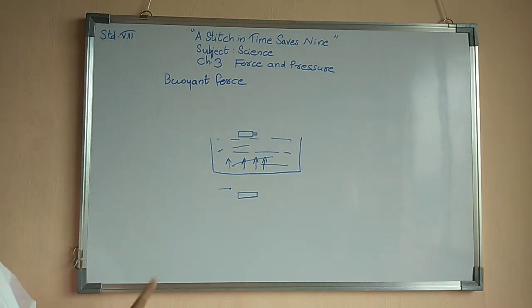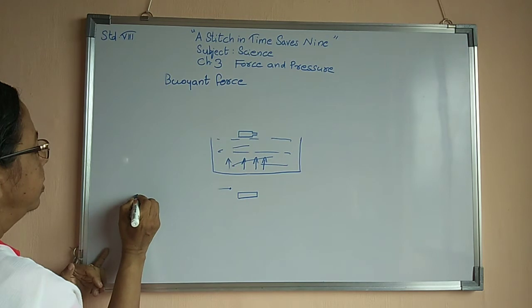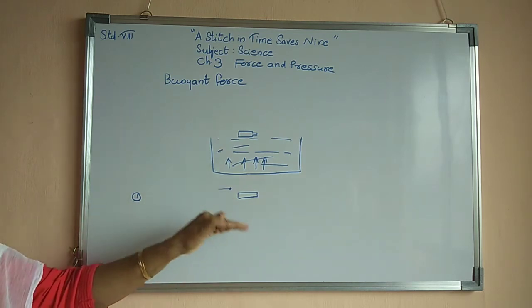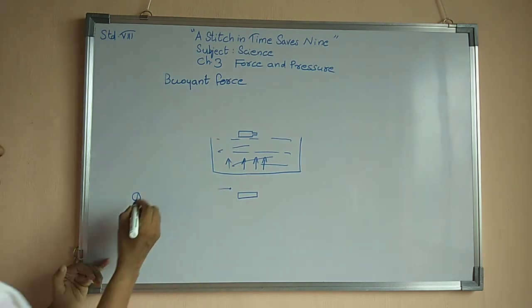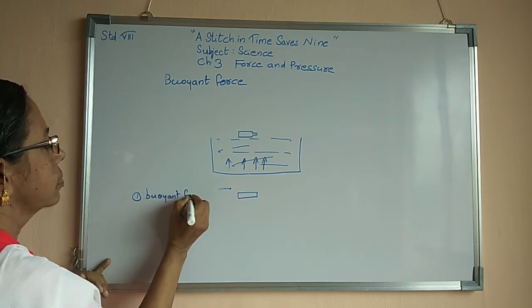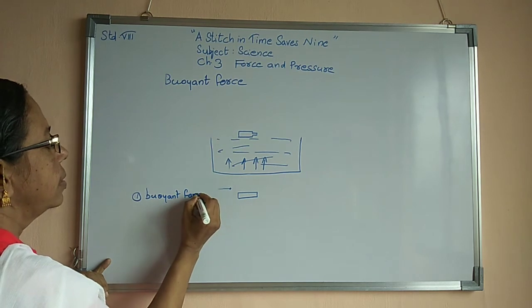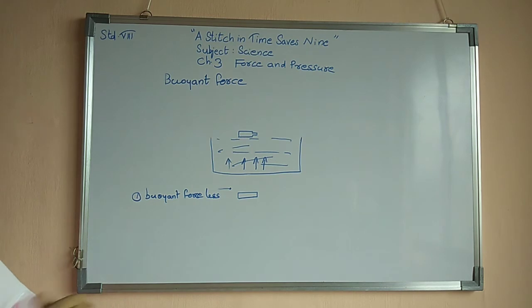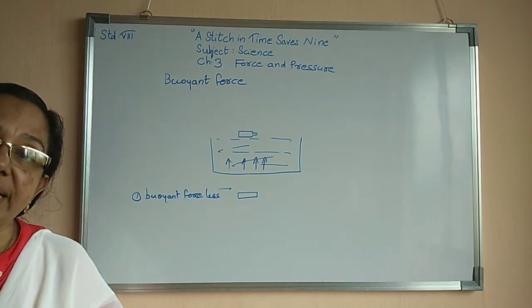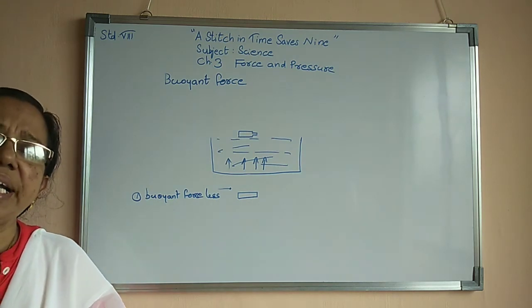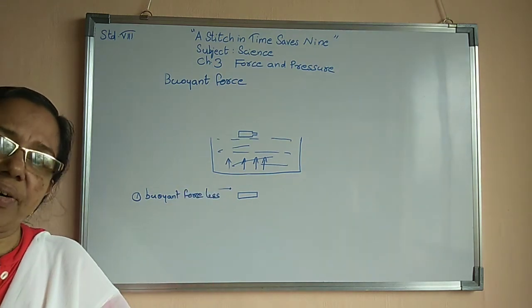Its answer: the buoyant force acting by the water is less. Because of that, the iron nail as well as the piece of iron sink in the water.